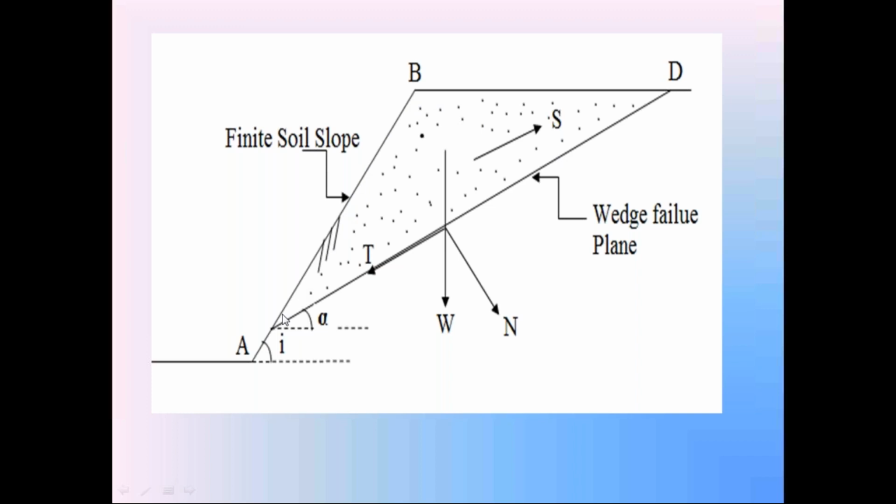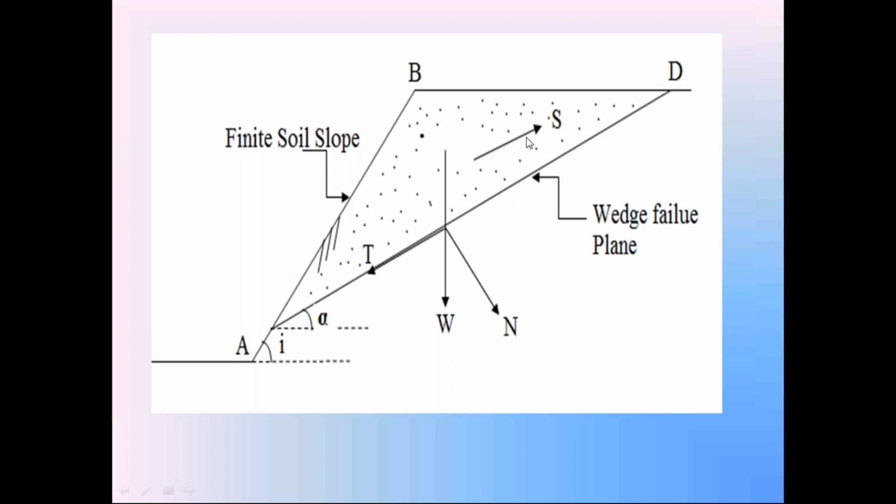That is the stability analysis of finite side slope. So in the stability analysis of finite side slope, we are going to find out where is the failure surface in this structure. This may be earth dam, canal, or embankment. Where is this failure surface in this structure, so that in future this finite soil slope is subjected to failure about that surface.